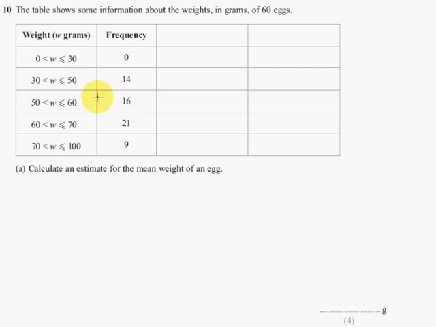There were 16 eggs which were greater than 50 but less than or equal to 60, and there were 21 eggs, the most eggs, greater than 60 grams but less than or equal to 70. And last of all, there's 9 eggs that were greater than 70 grams but less than or equal to 100.